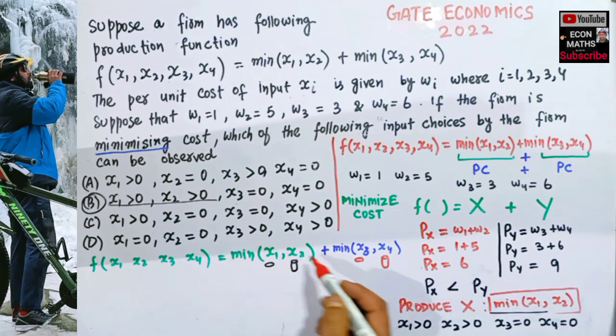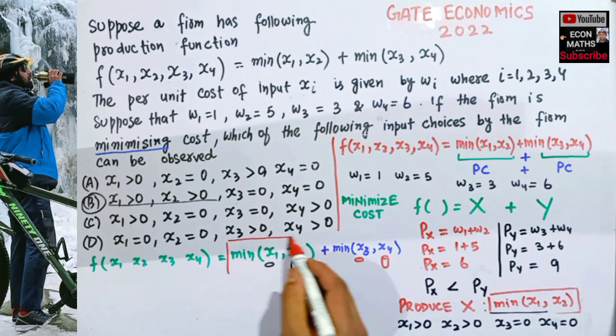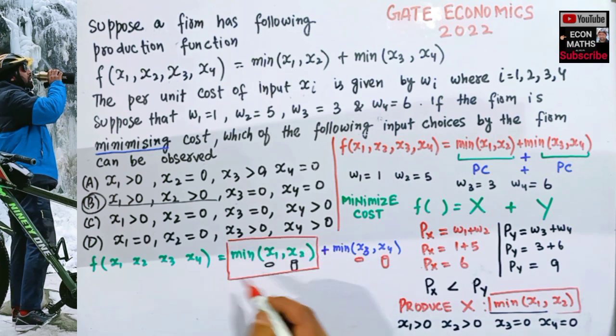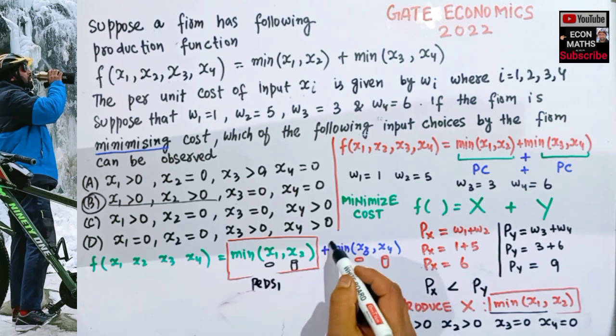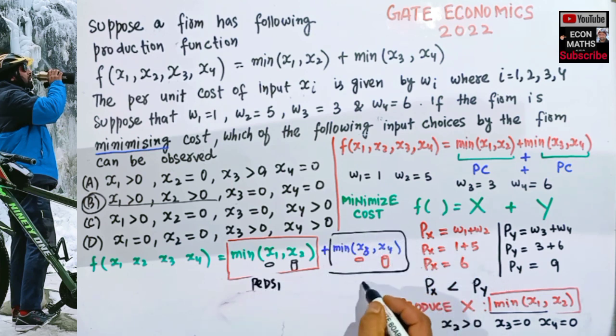So this denotes the Pepsi, and this denotes the Coke. Producing one Pepsi bottle requires one cap and one container.